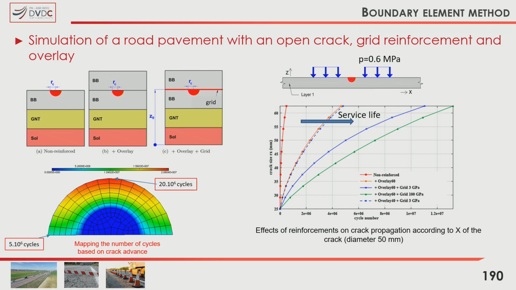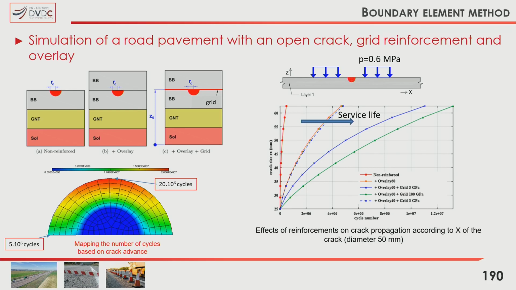When you have centered cracks between the loads and an emphatic propagation of the crack, I have here a mapping of this crack. We have reversed the Paris law, so we have a constant amount of propagation, and we deduce a number of cycles to attain this level of propagation.